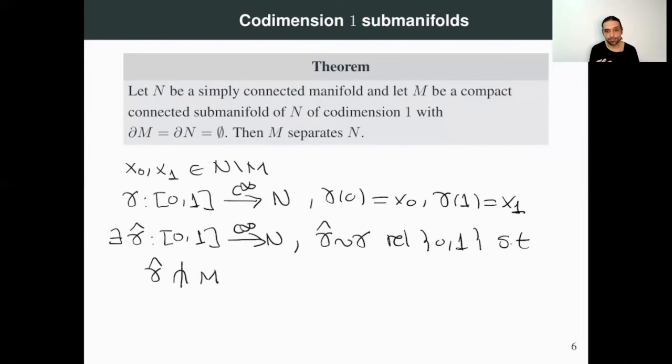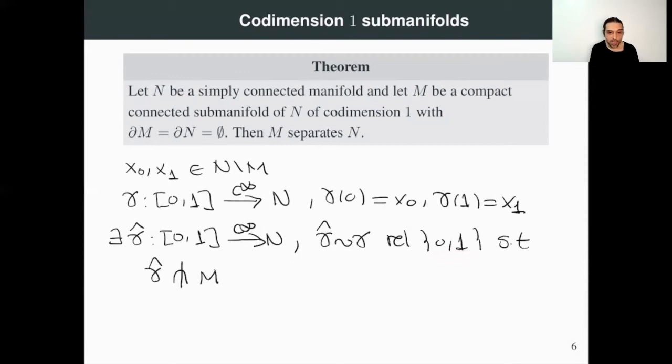This is not difficult to prove, okay? Essentially what we are doing over here is using that transversality is an open and dense property. It's true that we need to fix the values at 0 and 1, but that's not difficult at all.